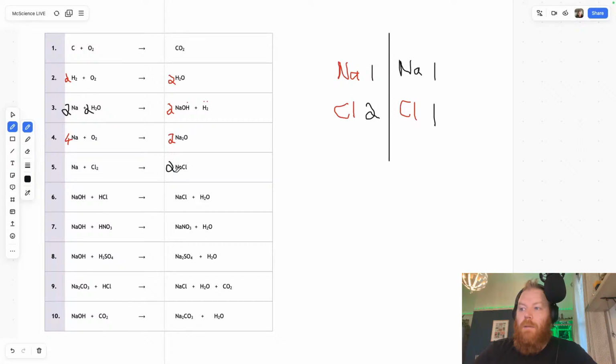And by putting that big 2 in front, I'm stating that I've got 2 chlorine and 2 sodium as well. And with my reactant side, I've got to put a big 2 in front of my sodium, which changes that to 2 as well.